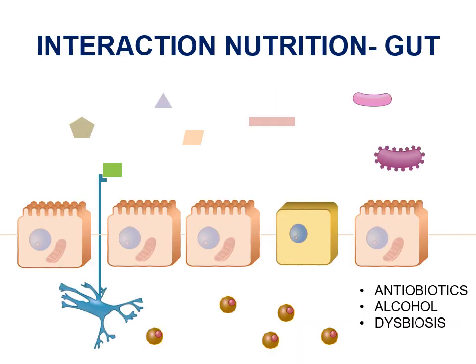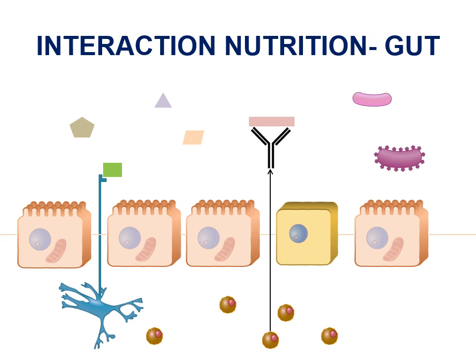In interaction with nutrition, for instance in the gut, there can be antibiotics, alcohol, or dysbiosis, which destroy the mucous protective layer, and therefore most of the things which are present in the gut, from which the mucous layer usually protects, can go through, and also the antibodies can go through the mucous layer.